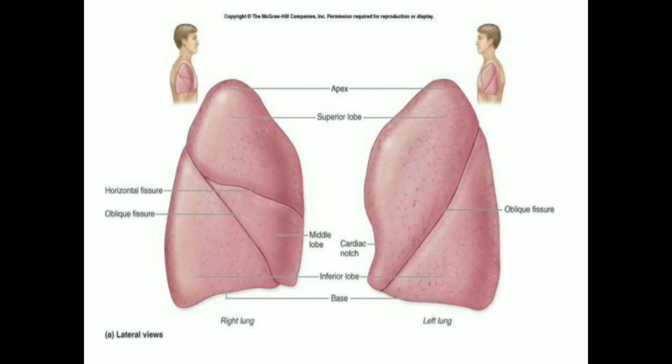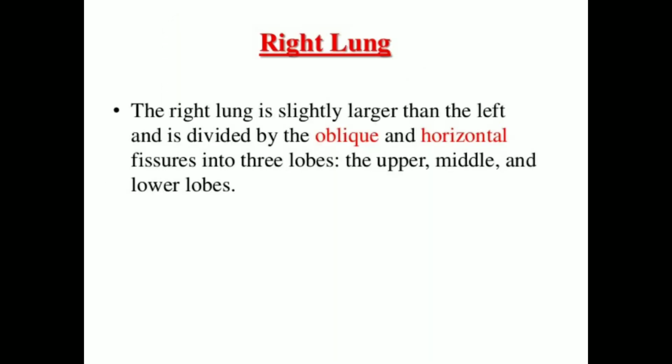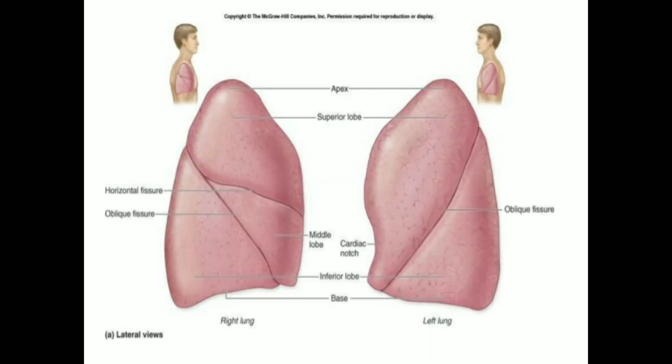If I tell you the external features of the lung, you can clearly see here that each lung presents an apex, a base, three borders, and three surfaces. Now the apex of the lung, this is the apex.